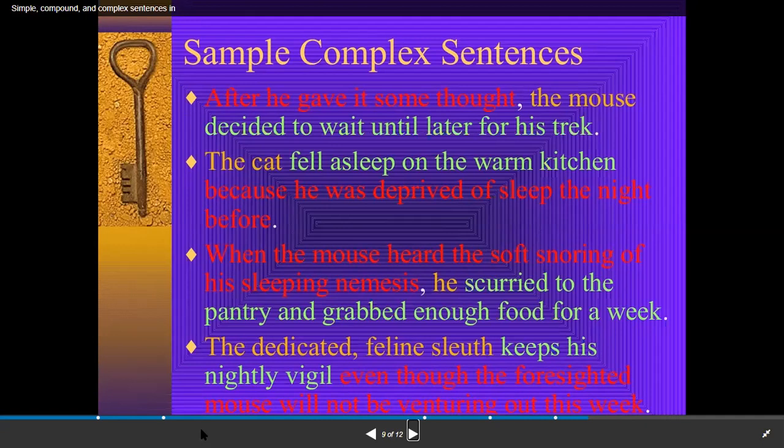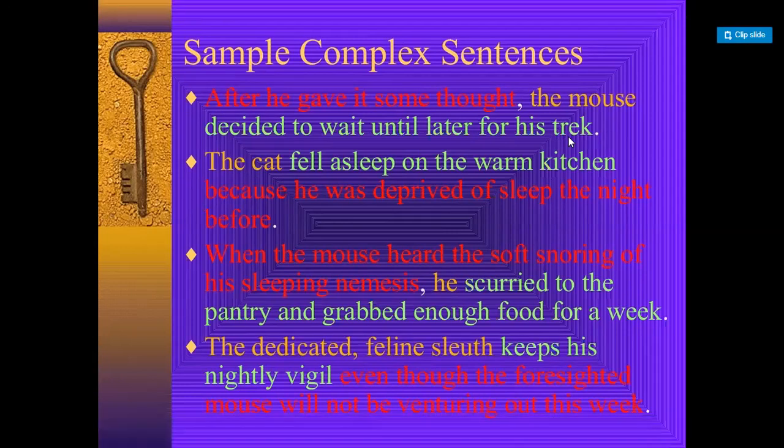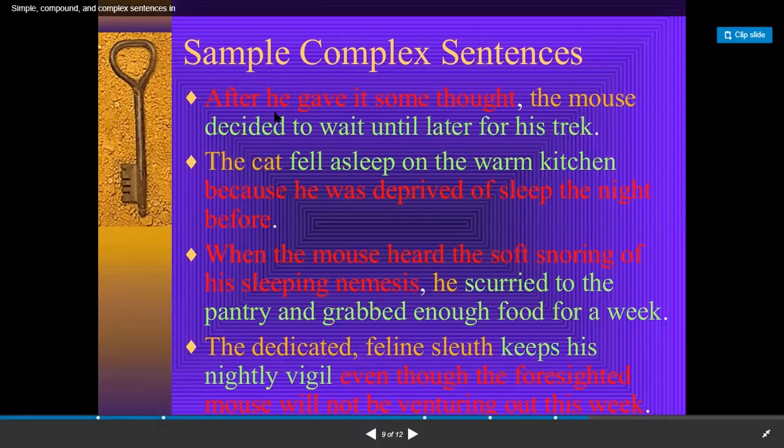What is the independent one? The second one. The mouse decided to wait until later for his trick. What is the dependent clause? The first one. Why? Because it starts with one of the subordinating conjunctions like after, while, as soon as, when, and so on.